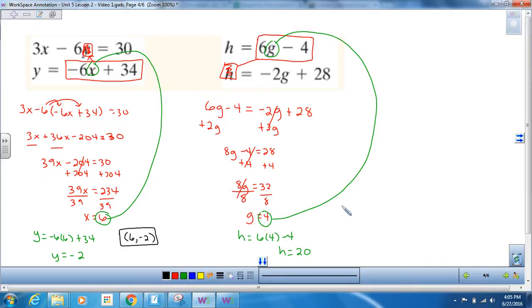So when you do variables that aren't x and y, your ordered pairs go in alphabetical order. So g then h, so 4 comma 20. Okay.